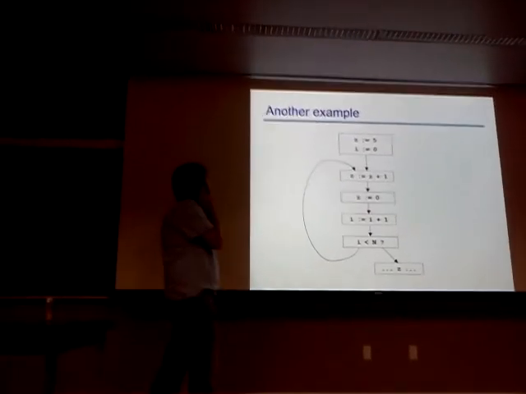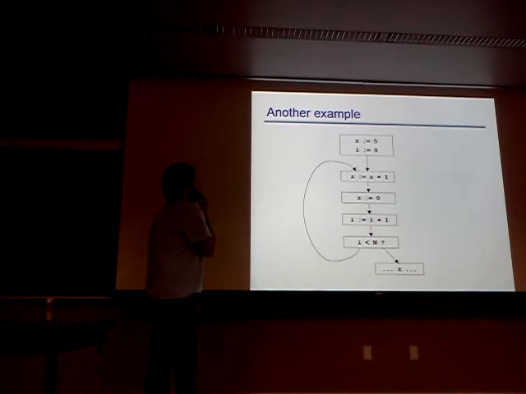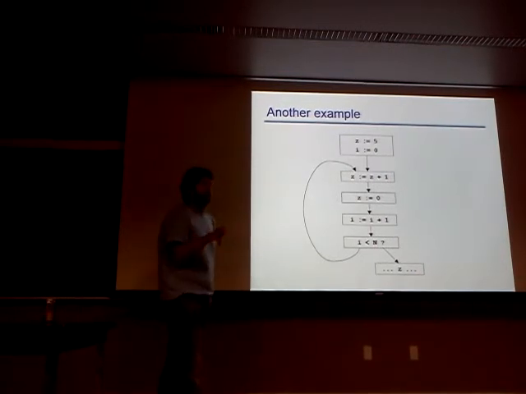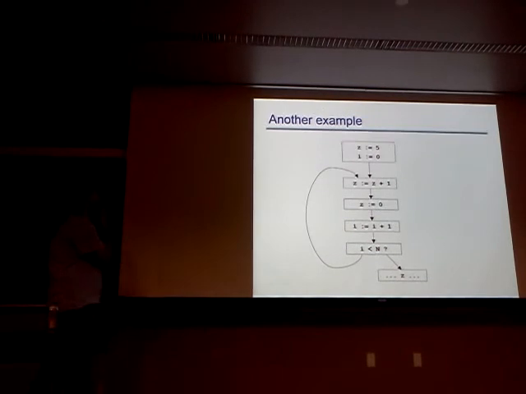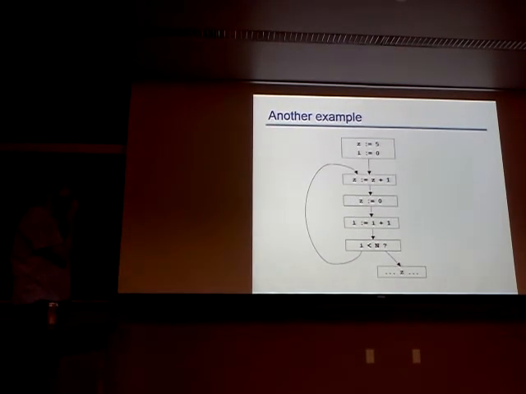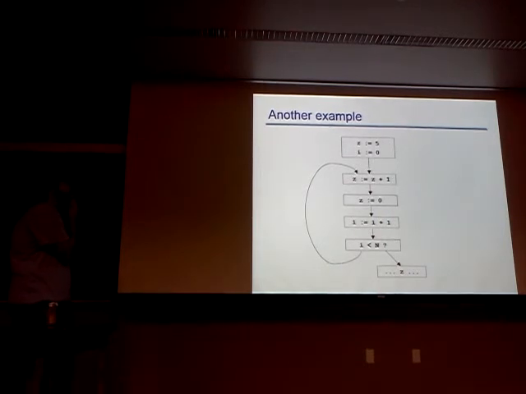Okay, so here's another example. We have a domination restriction, that's one thing. Now here's another example. What happens here?